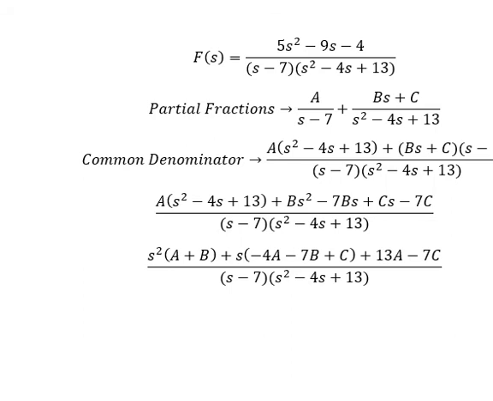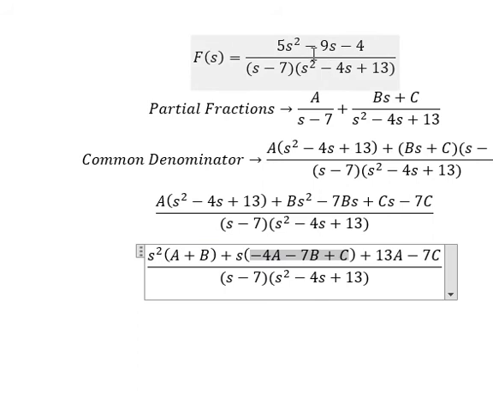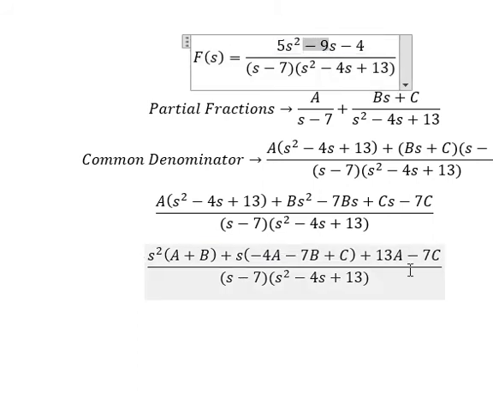And now we need to compare coefficients. About s squared, we have number 5. So A plus B equals number 5. About s, we have this one equals negative number 9.